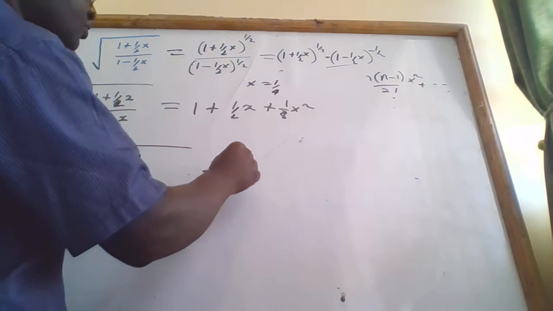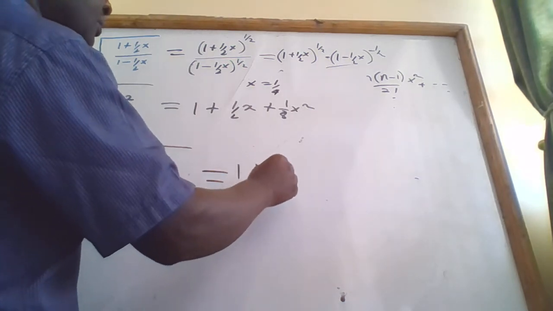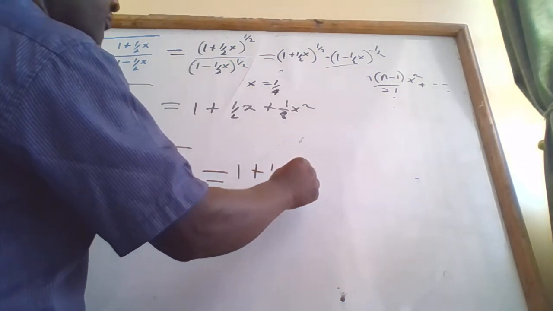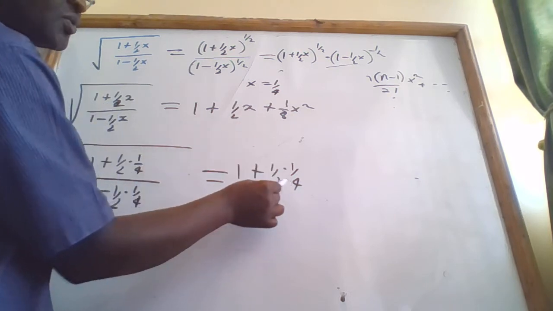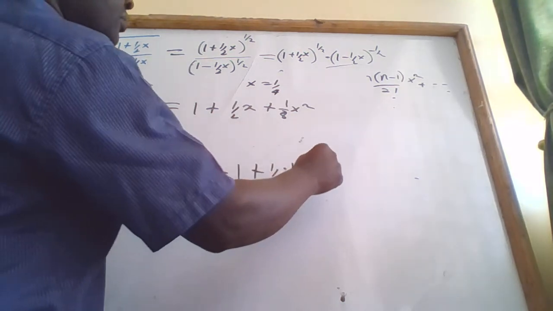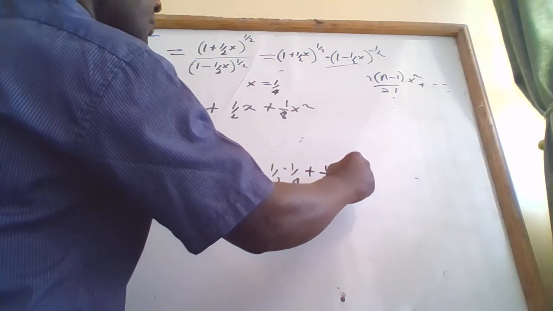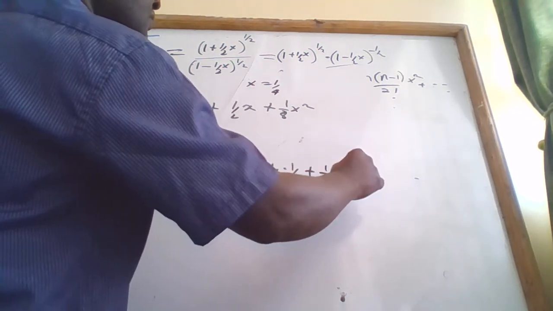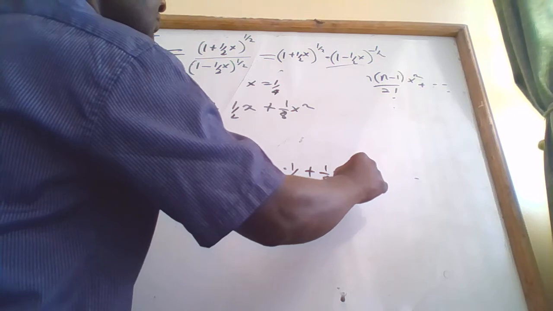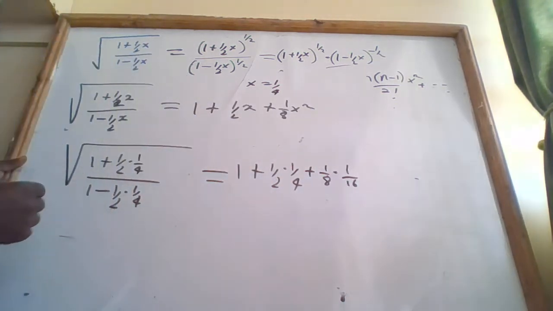This one equals 1 plus 1 all over 2 dot 1 all over 4, where there is x, we substitute with 1 all over 4, plus 1 all over 8 dot 1 all over 16.